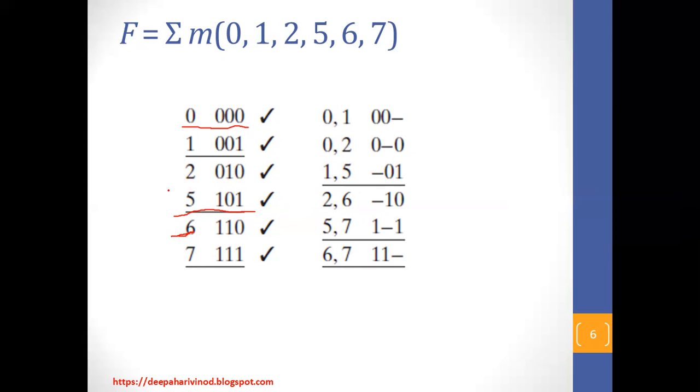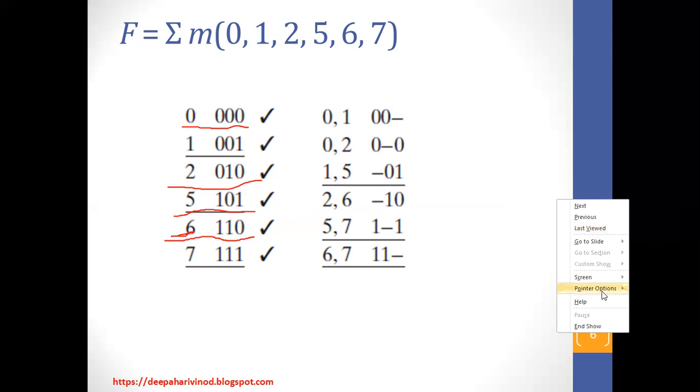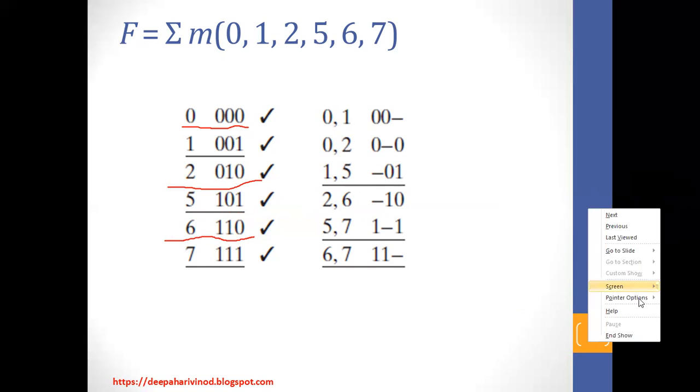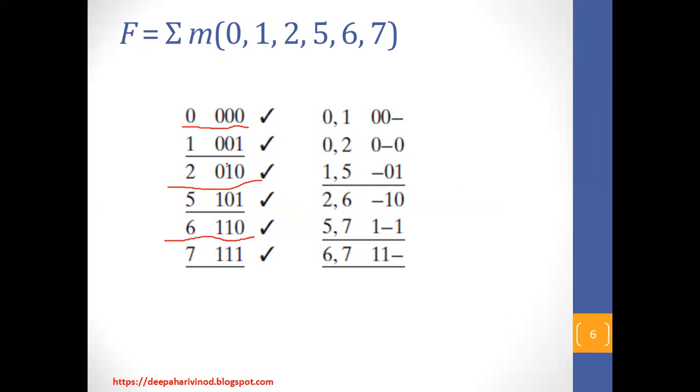One number of ones and then two number of ones. So in this way, I can group as index 0.